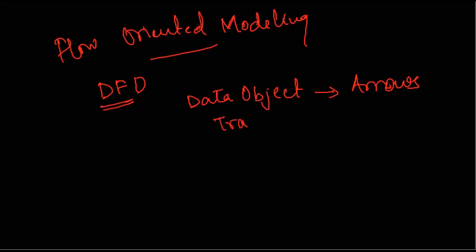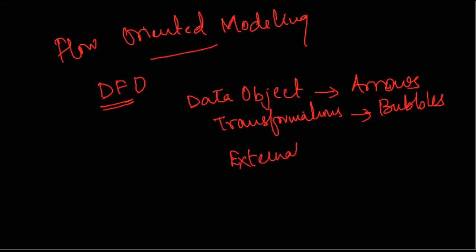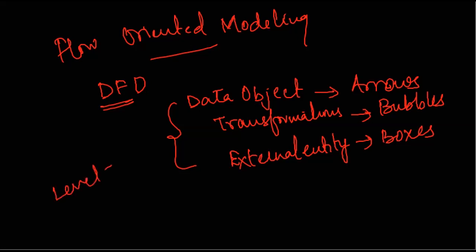Any transformations were represented by bubbles. And any external entity was represented by boxes. So these are the 3 types of representations that were used for level 0 DFD.